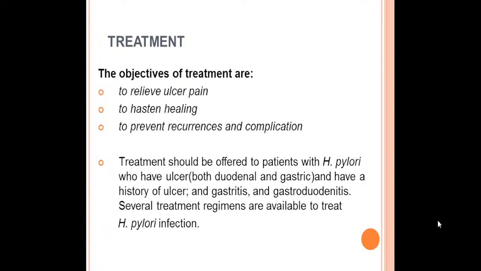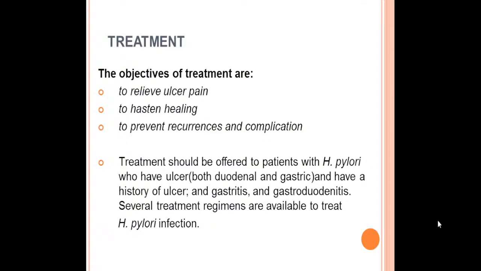The objectives of treatment are to relieve ulcer pain, to hasten healing, to prevent recurrences and complications. Treatment should be offered to patients with Helicobacter pylori who have ulcer, both duodenal and gastric, and have a history of ulcer, gastritis and gastroduodenitis.